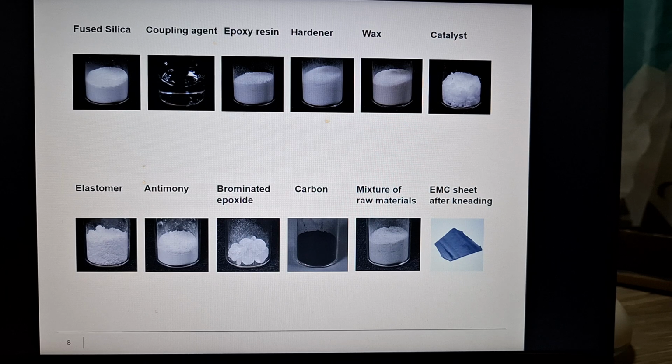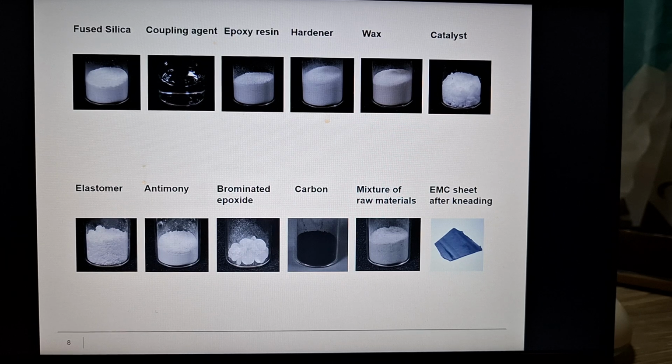It comes in sheets because when you knead, it creates friction, and the tool used to knead is actually heated to around 100 degrees C to initiate the initial reaction of the raw material being mixed together, in order to homogenize the raw material.